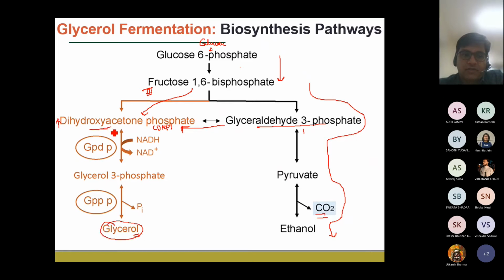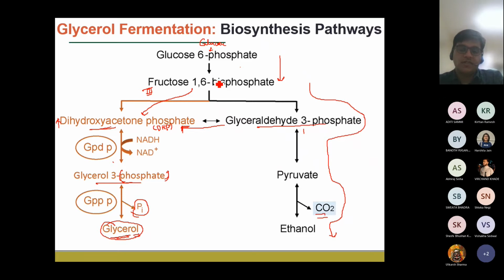This dihydroxyacetone phosphate is converted to glycerol 3-phosphate using the enzyme GPD, glycerol-3-phosphate dehydrogenase, which introduces the phosphate group into the backbone. Then we have glycerol phosphatase, which removes this phosphate group, and we obtain glycerol as the final product.